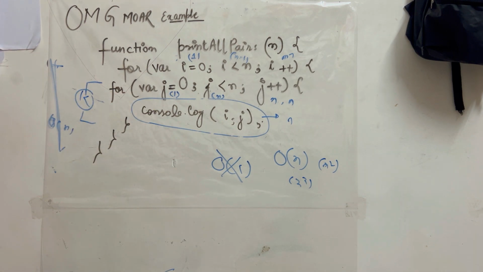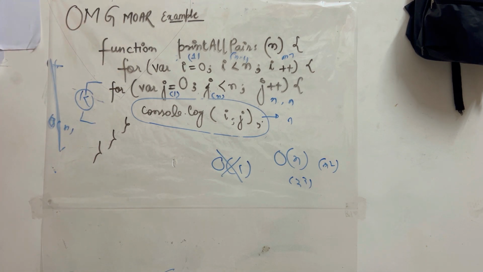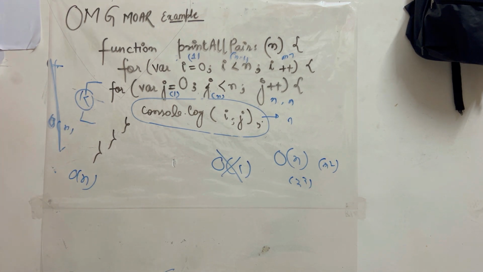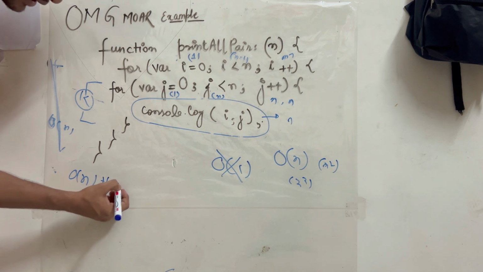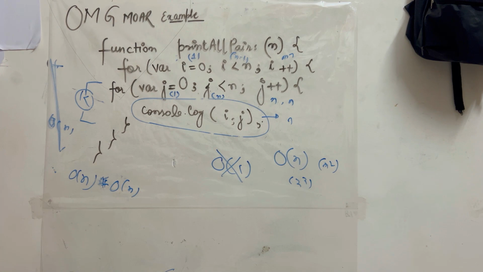It is running k times. Because there is something called k inside this outside for loop, can you tell me how many times this inside k will run? N times, right? O of n times it will run. But k is nothing but O of n itself, right? So can you tell me now how many times this k will run?